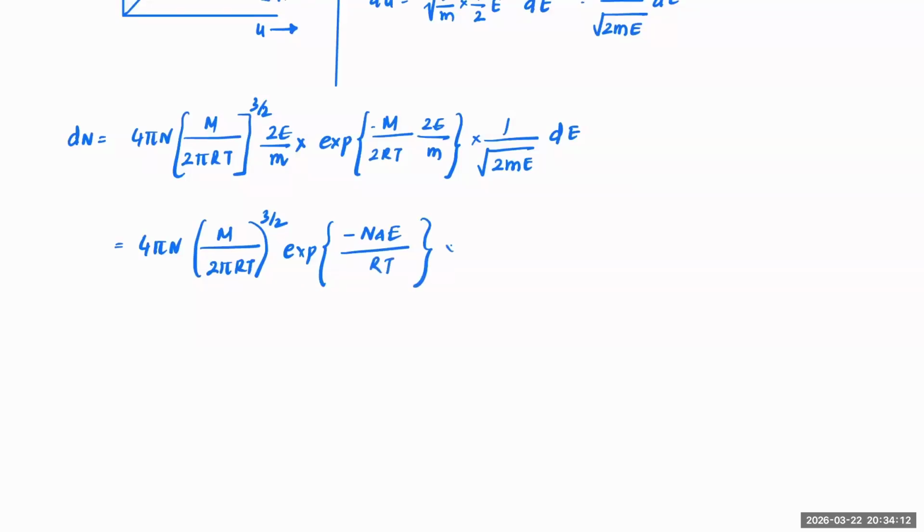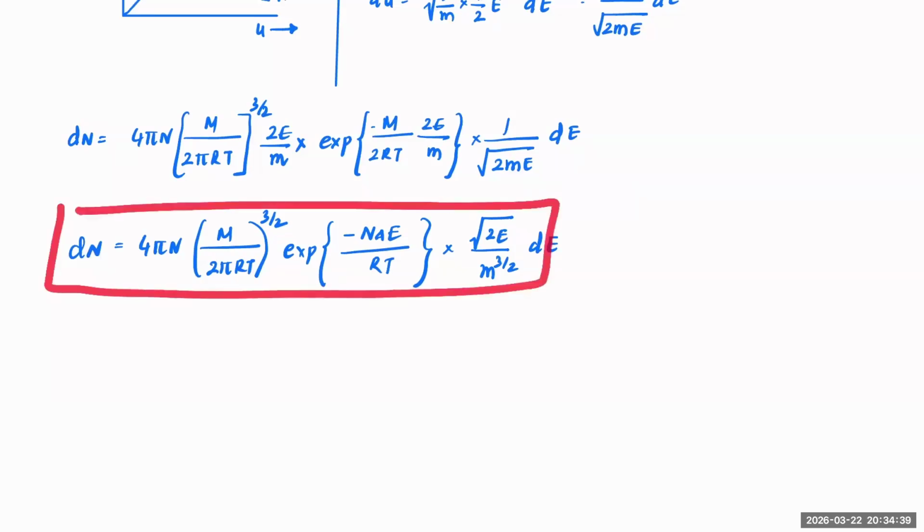That into, now you notice that this 2m and this 2m here will get cancelled. So we'll get this as root of 2E, that divided by the mass factor to the power of 3 by 2, into dE. This is the factor that is left. So this is the formula of dN in terms of kinetic energy.